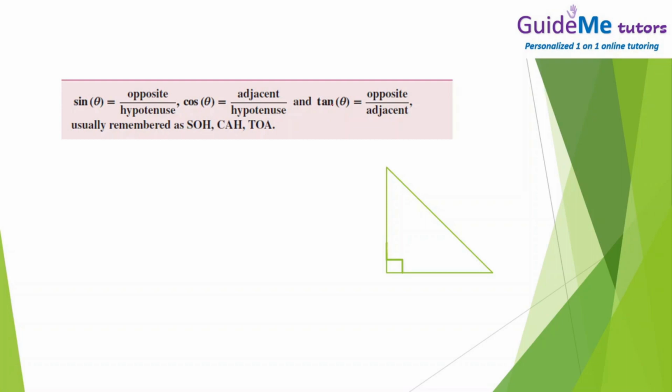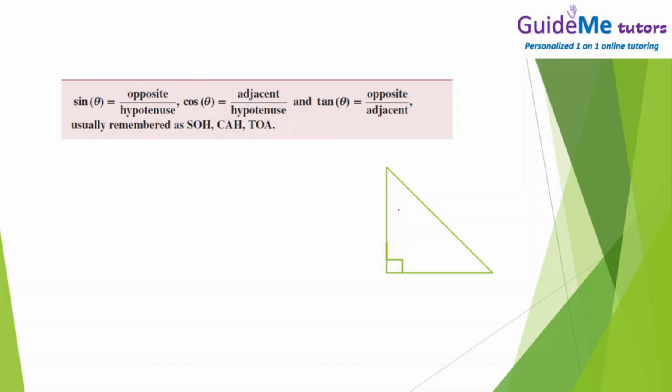Those trigonometric ratios together with the Pythagoras theorem will be required to solve the right angle triangle. As already discussed, trigonometry deals with right angle triangles. We are using the trigonometric ratios to solve the right angle triangles.